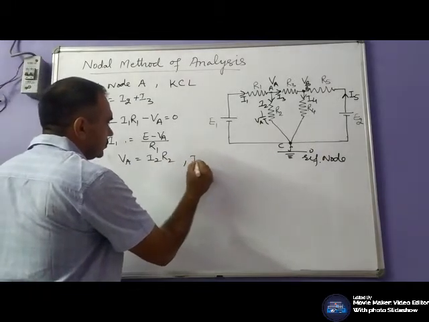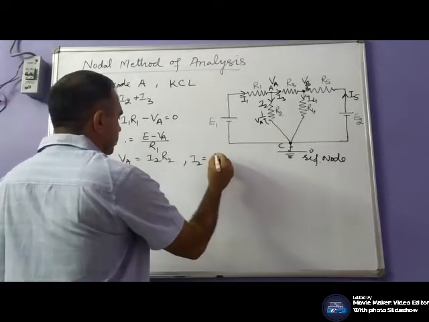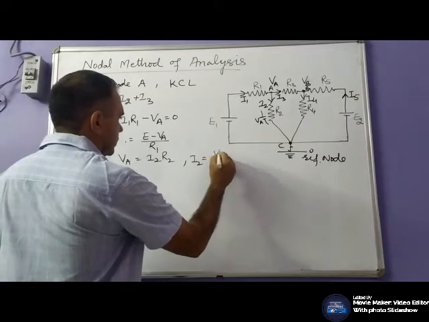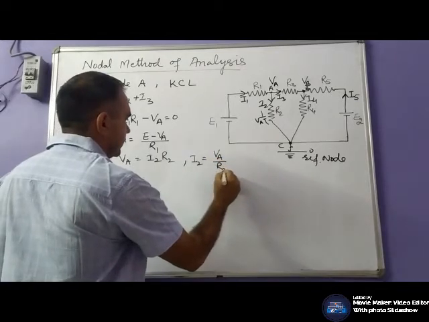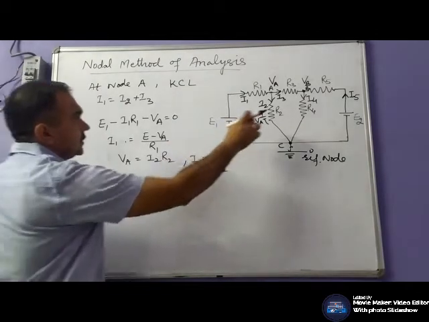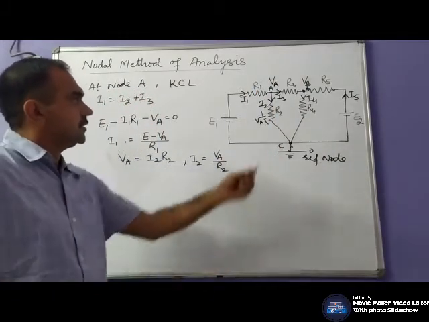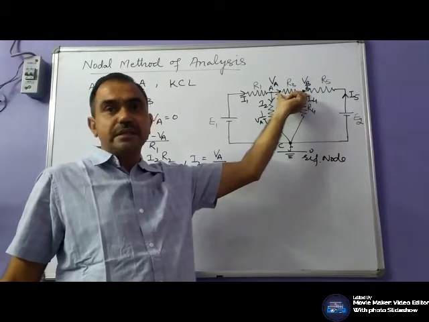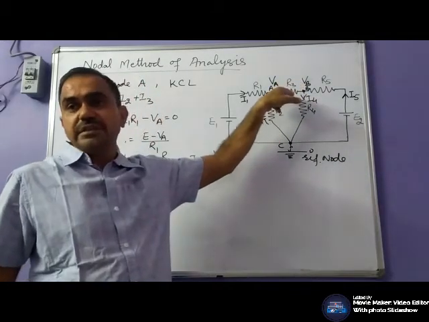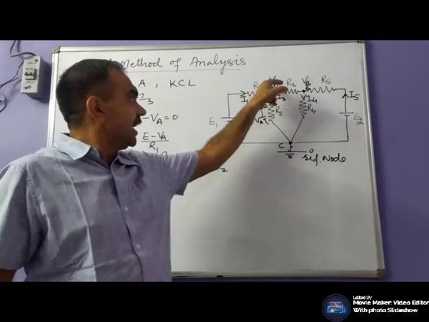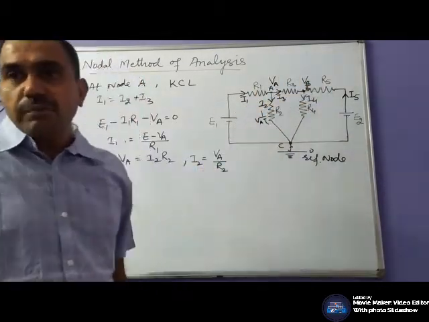And what is I2? It would be VA by R2. Now I3. Come to this branch. What is the current? Current flows from higher potential to lower potential. The direction of current we have assumed is this. Which one is the higher potential end? VA, and VB is the lower potential end.